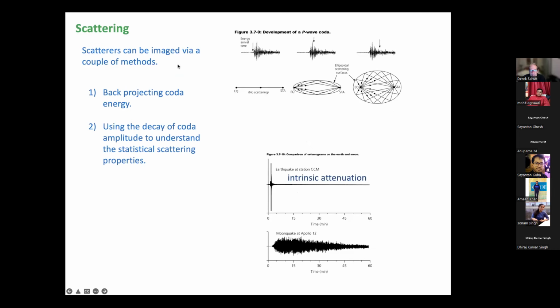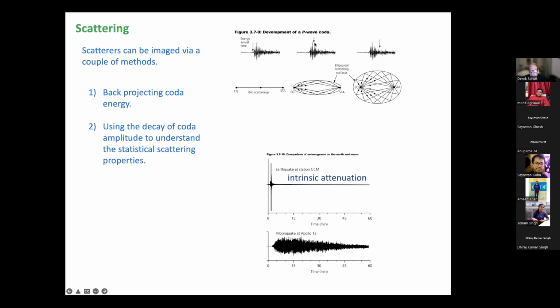Scatterers can be imaged via a couple of methods. So we can back project coda energy. Here's my seismogram. As I go through the seismogram, I could consider that the energy comes from a wider and wider elliptical region of scatterers.